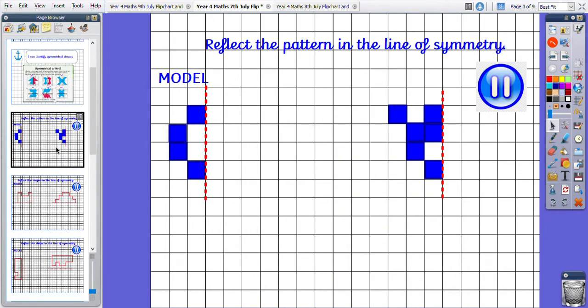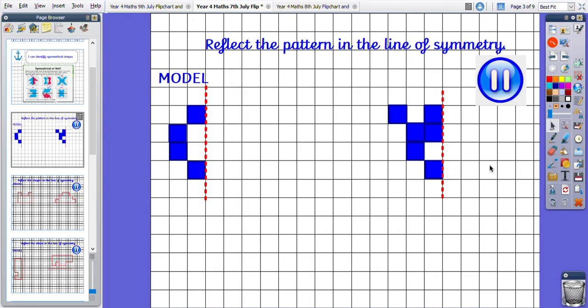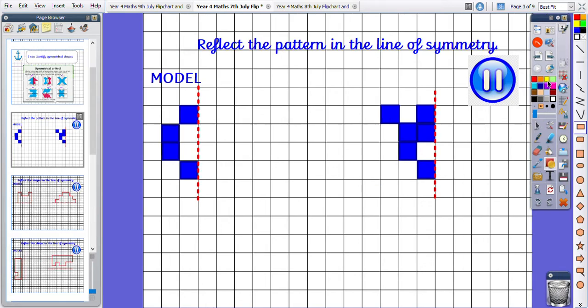Okay then, so I'm going to show you on our model how to reflect the pattern in the line of symmetry, and then I want you to have a go at this one over here. So we have some squares here that we want to reflect in our line of symmetry. So I will choose a different colour so you can see clearly.